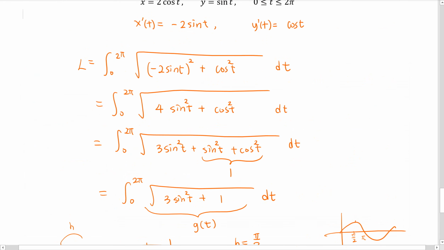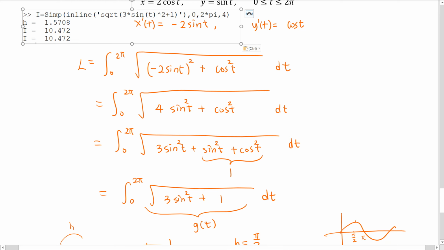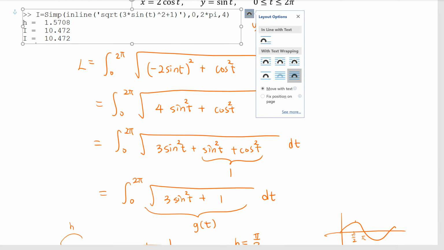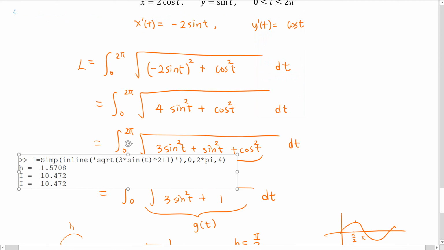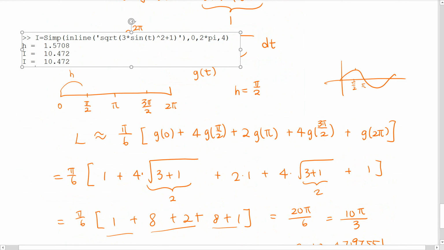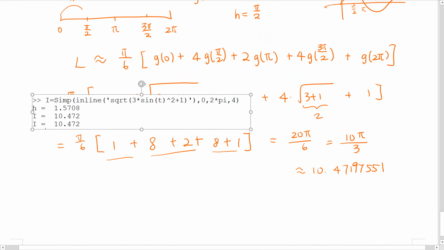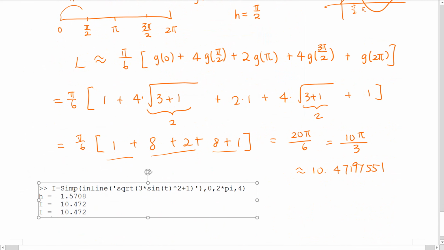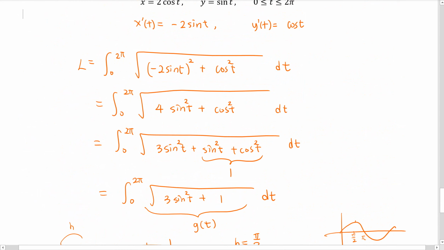Alright, so let me copy it here and move it down. When you do your homework, you can always use MATLAB or Octave to check your work for these kinds of problems. So far, so good, everybody?